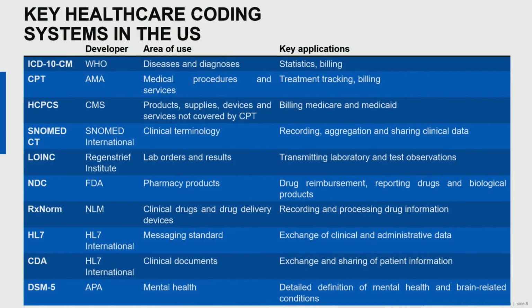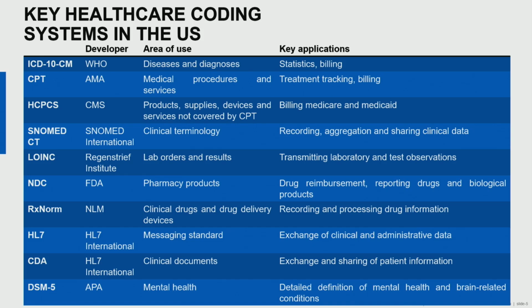And surprisingly, healthcare has a lot of coding systems in existence. They all exist and are used these days. I will not go through all of them, but you can notice there are different coding systems for different types of information.